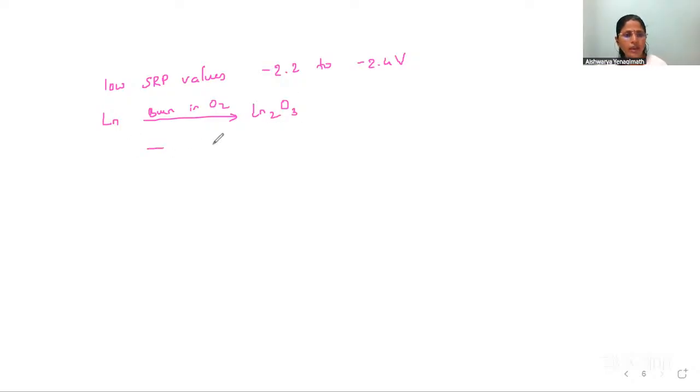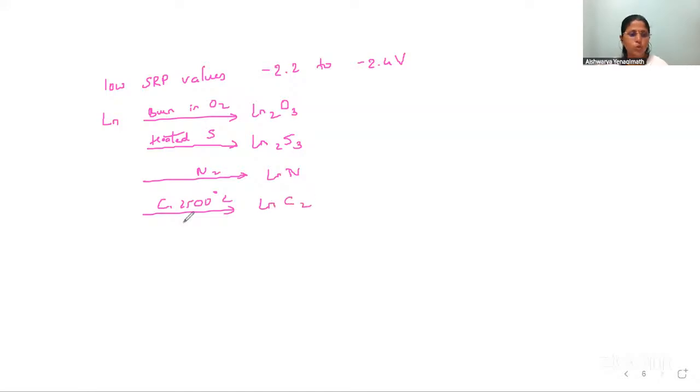The second reaction is lanthanide, when it is heated with sulfur, it forms lanthanide sulfide. When it is heated with nitrogen, it forms lanthanide nitride. When it is treated with carbon at 2500 degrees Celsius, it forms LnC2.